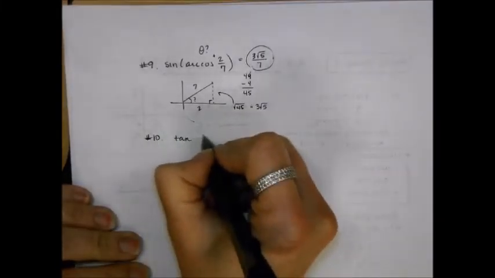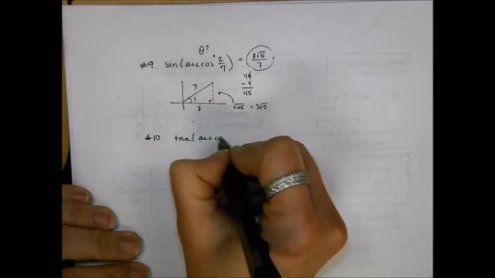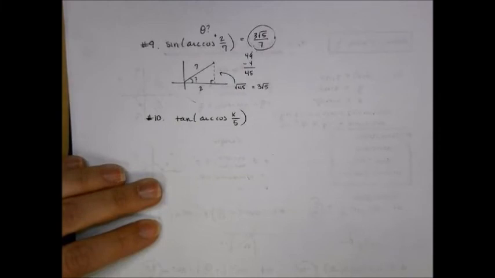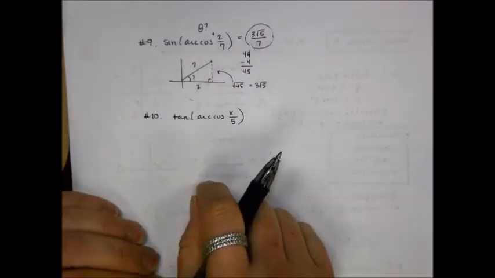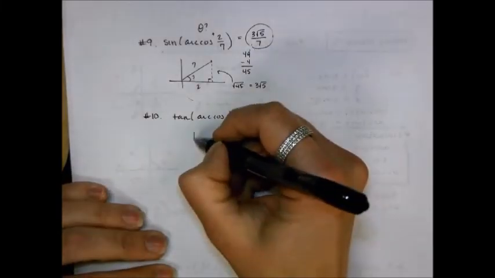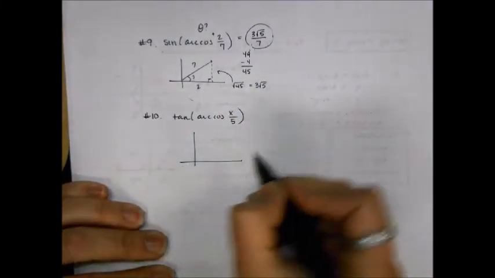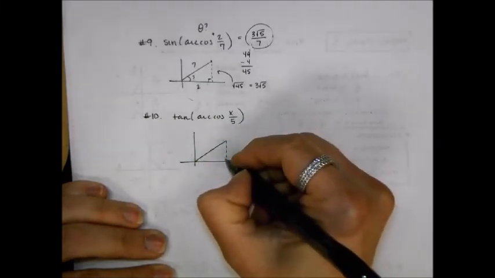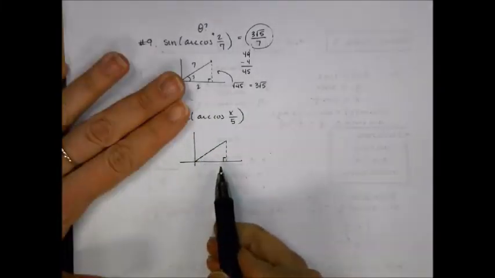All right, the last one here says tangent of arc cosine x/5. So we're going to go ahead and leave arc cosine in quadrant 1. We'll label the sides for cosine adjacent over hypotenuse x/5.